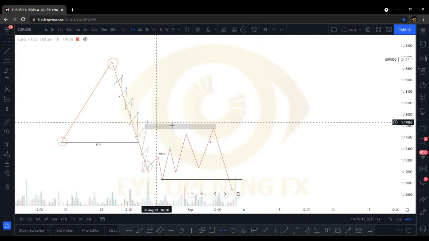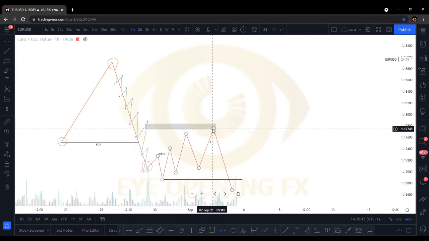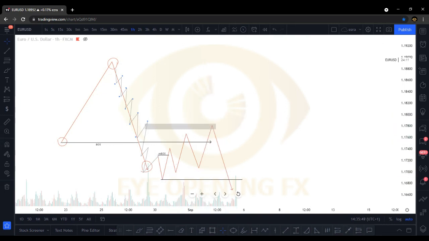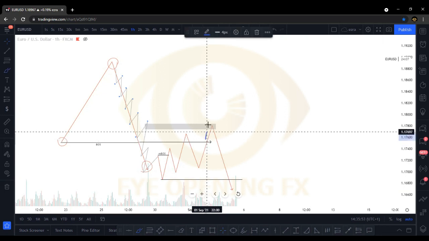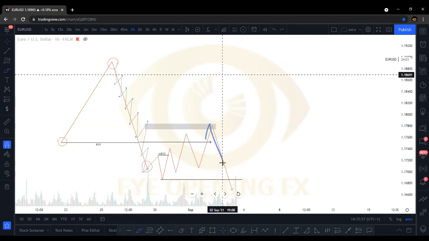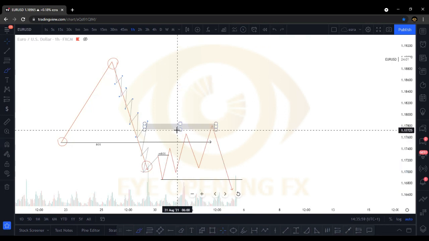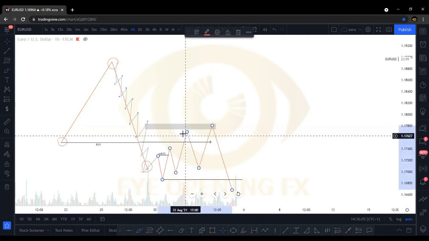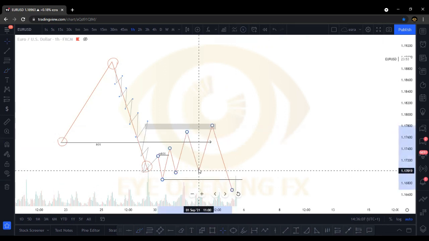So since this is a little shallow corrective wave, before we define it as a main structure, at least either it has a sharp rejection, that is a strong rejection, or mostly it has characteristics of major liquidity. A stop hunt.